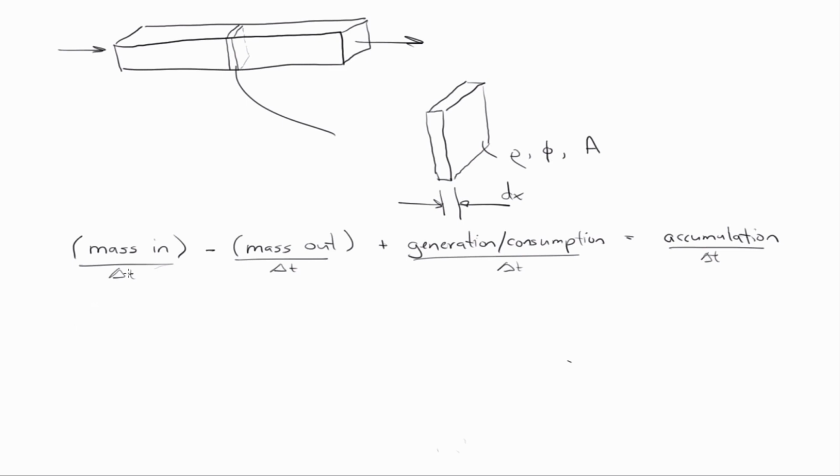Now, if I divide by time or an increment of time, now I'm talking about a rate, right? So we have the first term is like the rate of mass in, minus the rate of mass out, plus the rate of generation, equals the rate of accumulation.